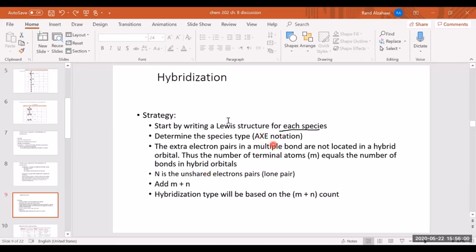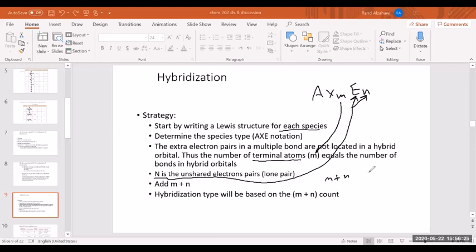So here, just take this example, AXmEn. This is the M, the terminal atoms. This is the N, the lone pairs of electrons. So you will count the M plus N. What will it equal?